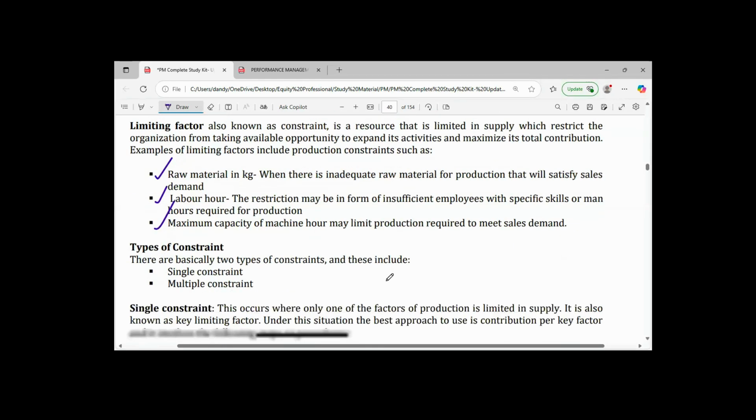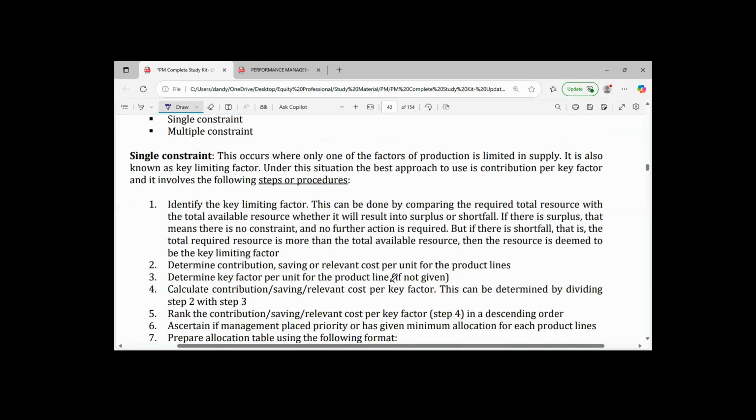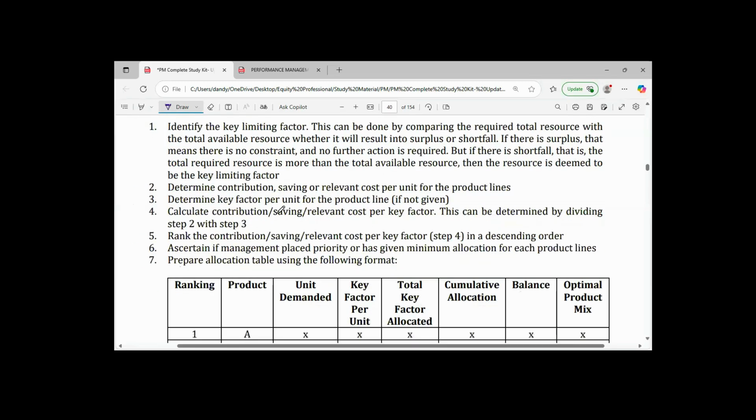Now, what are the procedures involved? Let me close this so that I can explain to you in detail what you should do. Once I'm done with the explanation of the procedures, then we can close the class for today.